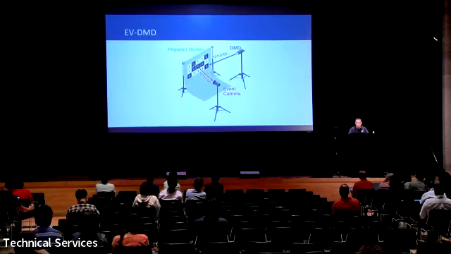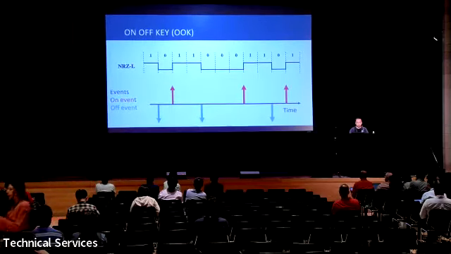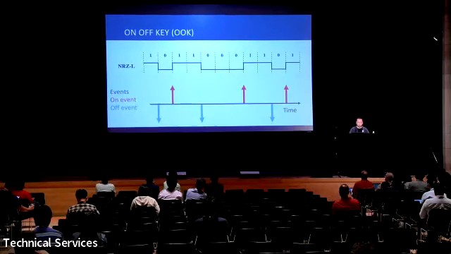Yeah, this is our setup. We have the transmitter as the DMD and the receiver as an event camera. Now we do the modulation. Both the transmitter and the receiver are sensitive to the on and off transitions, so we use the simplest one, on-off keying modulation.